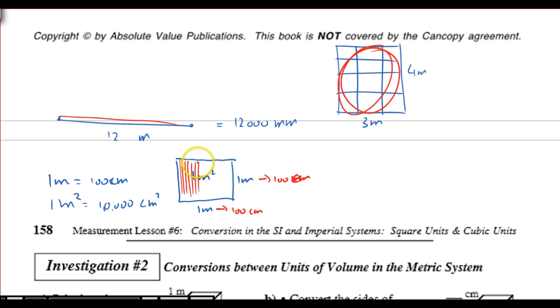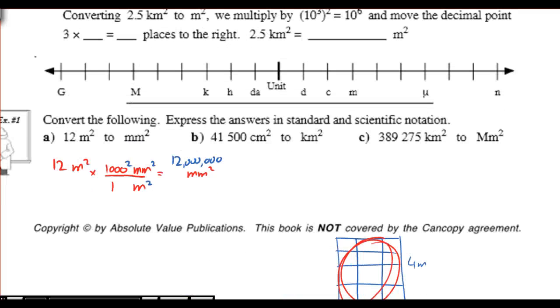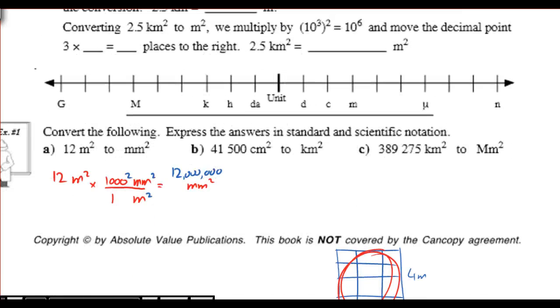If I were to divide this into 100 sections and did that this way, and you counted all those squares up, you would get 10,000 little centimeter squares. It's a little bit hard to get your head around at first, but it is quite a large area, and converting in area is a little bit different. Okay, enough of this. I'm sure you've done this investigation, so hopefully you get the idea.